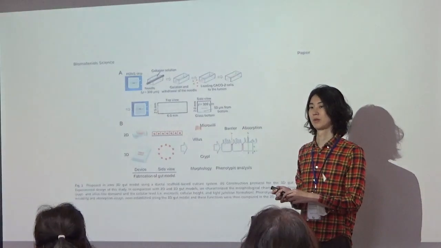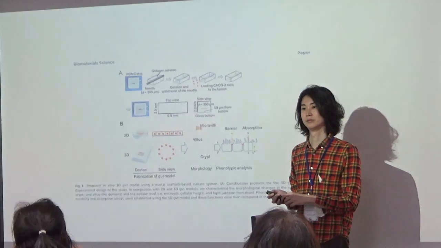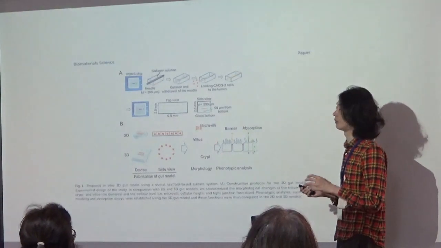If you culture another type of cell, it may form multiple layers in the channel, or not.